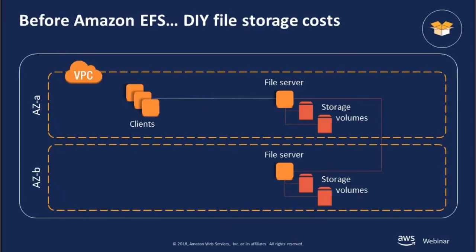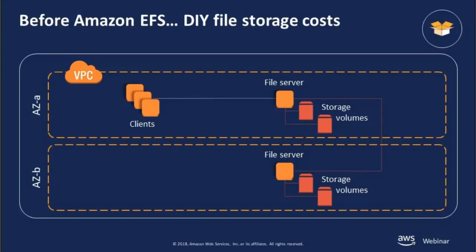So before Amazon EFS was introduced just a little over 2 years ago, if you needed to have file storage shared across multiple EC2 instances, a lot of customers did a do-it-yourself file storage environment. It would look like this. You would have multiple clients accessing a file server.